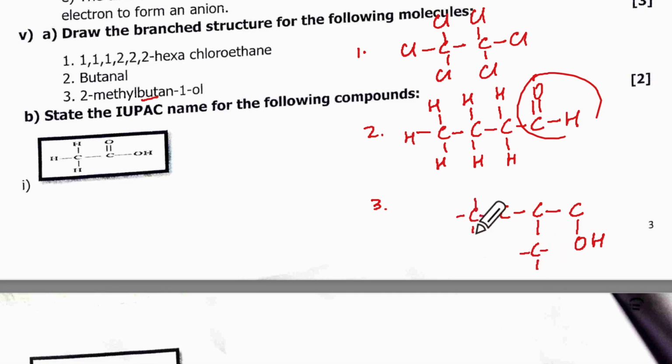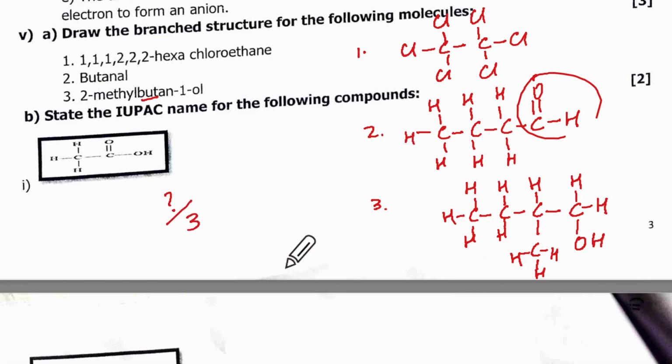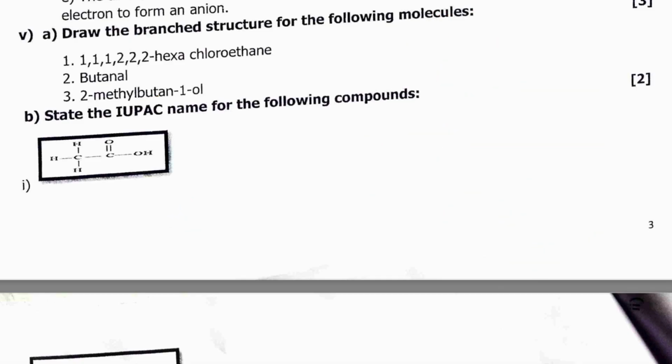So this will be now CH3, this will be CH2, this will be H here and CH3 here. And this will be C single bond H, single bond H. Understood? Now how many of you would have got out of 3 how many marks? Right over there. Done that?